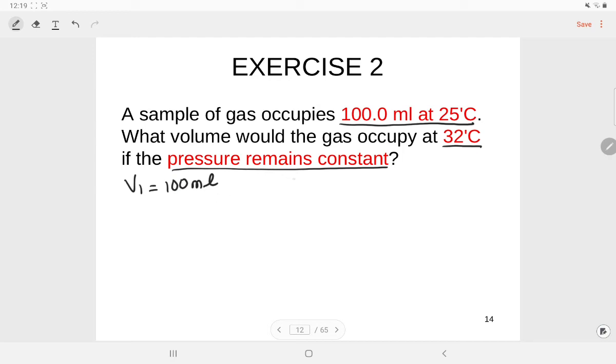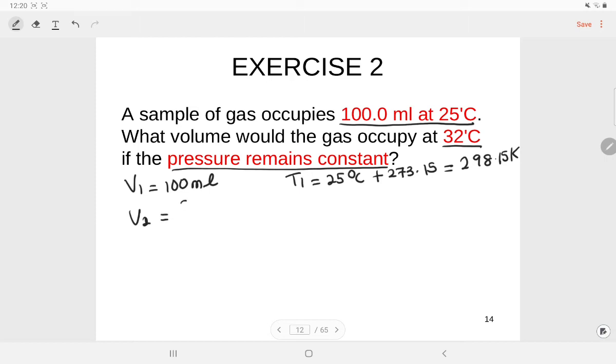Okay, T1 equals 25 degrees C, which you need to convert into Kelvin. You just need to add 25 to 273.15, which is equivalent to 298.15 Kelvin.